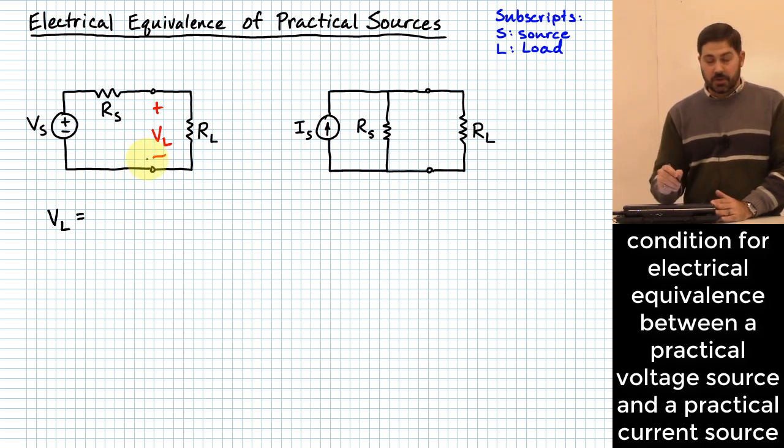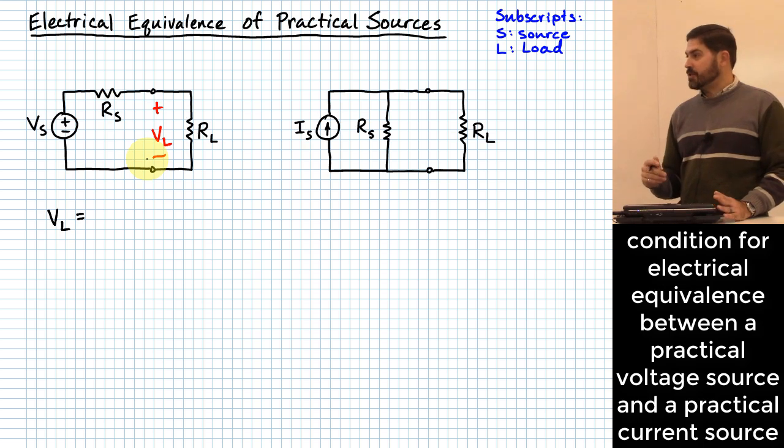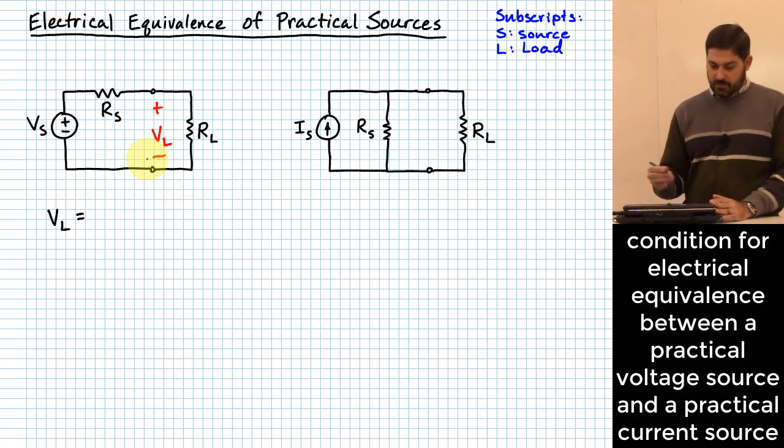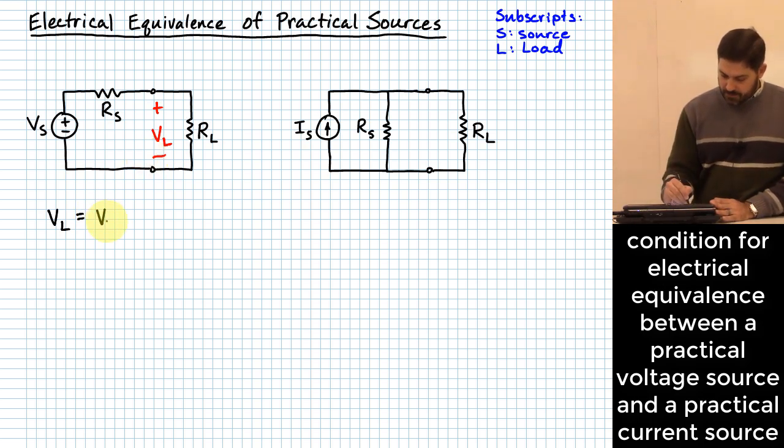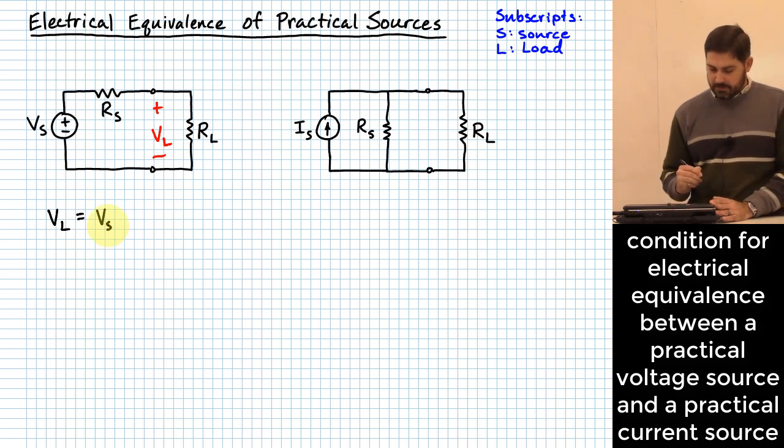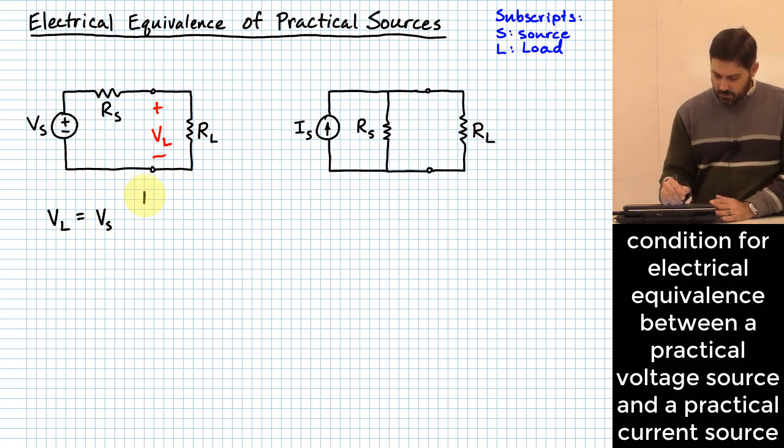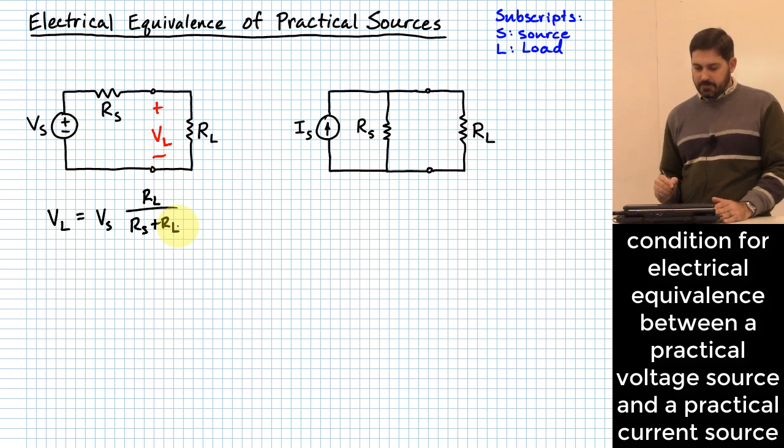And so we have a nice clean equation for voltage division. VL equals Vs times RL over Rs plus RL. This is just voltage division. Okay? So far, so good.